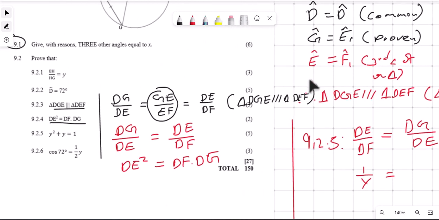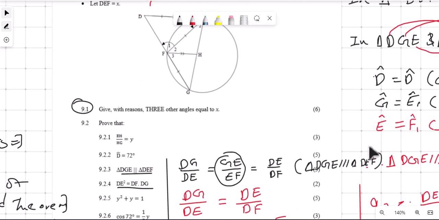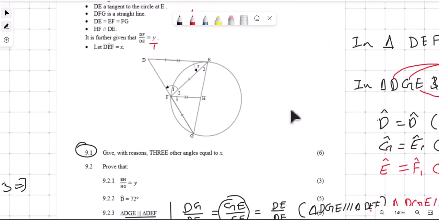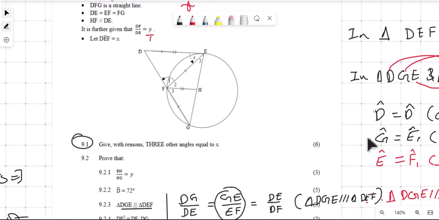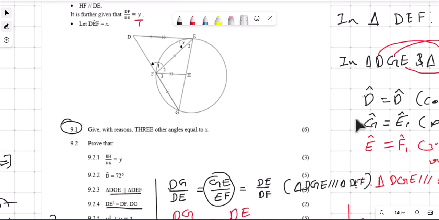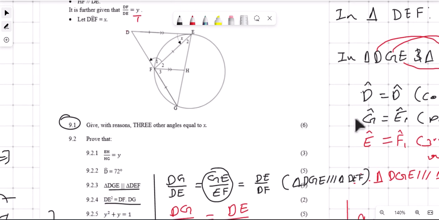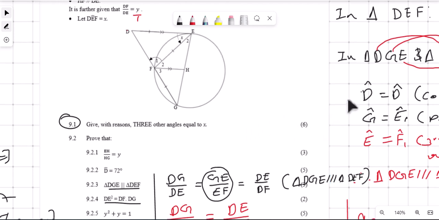We do have DE here. But let's look at DG. Can you look at DG?